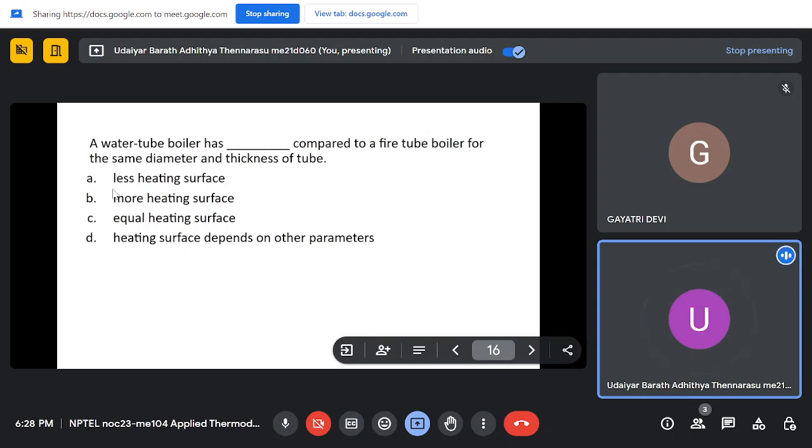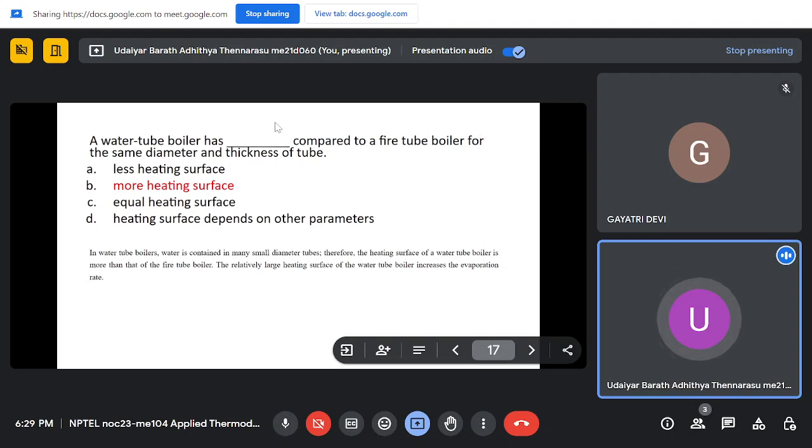So the next is, a water tube boiler has dash compared to a fire tube boiler for the same diameter and thickness of tube. A is less heating surface, B is more heating surface, C is equal heating surface, D heating surface depends on other parameters. As we saw in the previous slide about water tube boilers and fire tube boilers, the answer is B, more heating surface, because the water is contained in small diameter tubes and you can have multiple tubes.